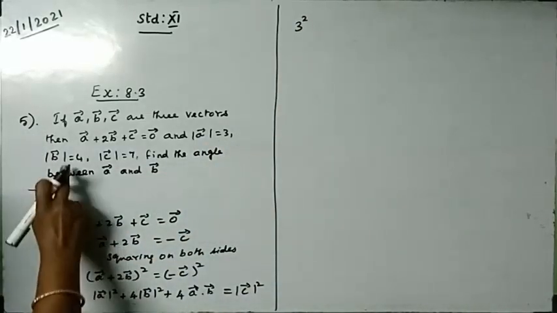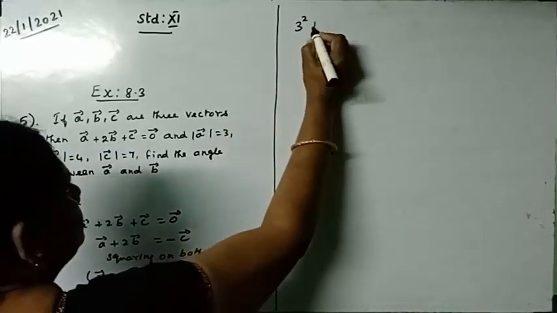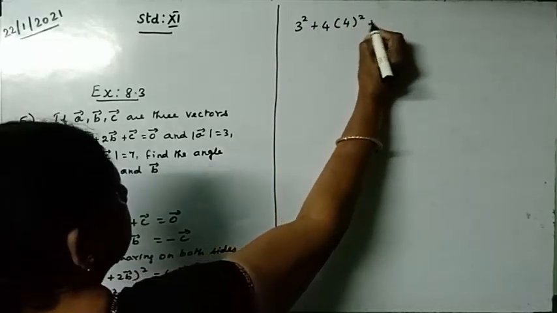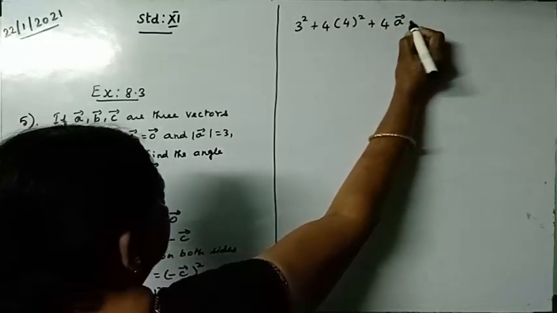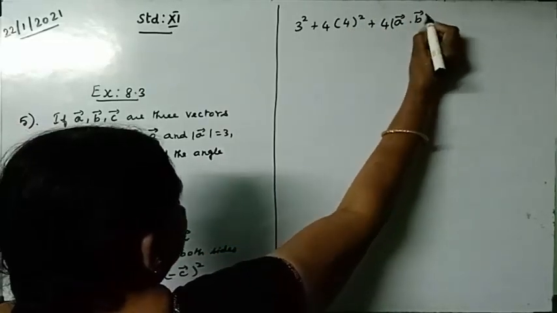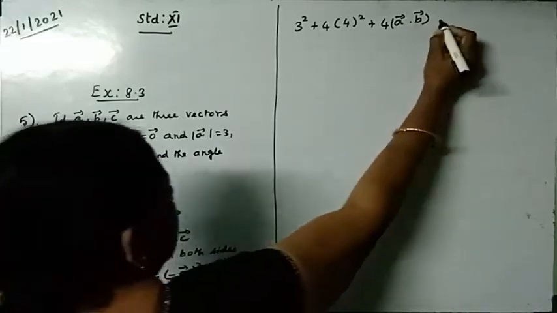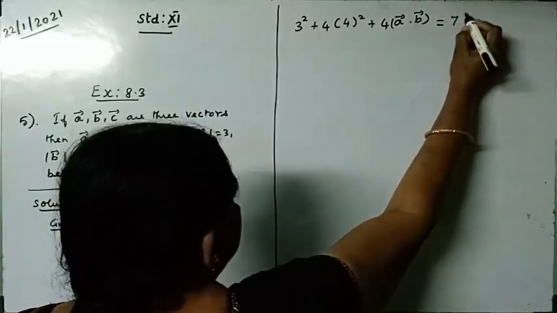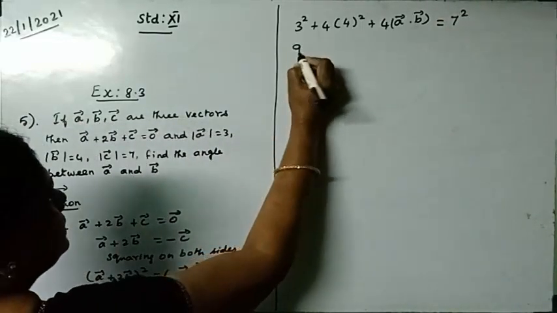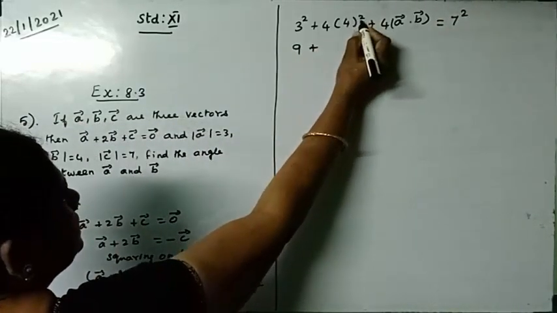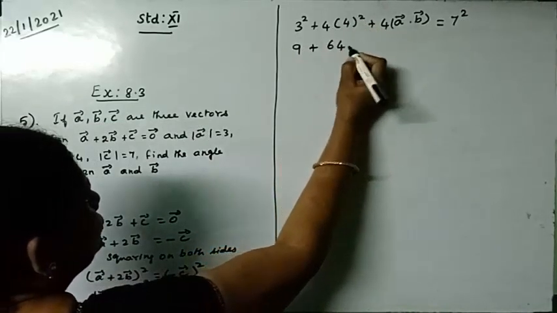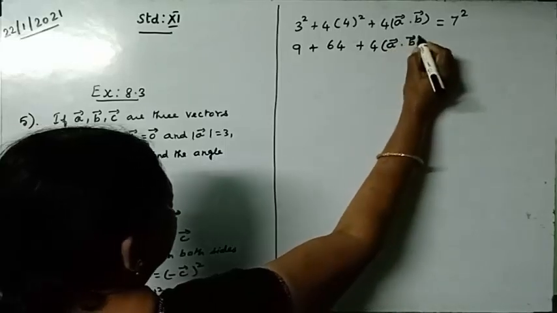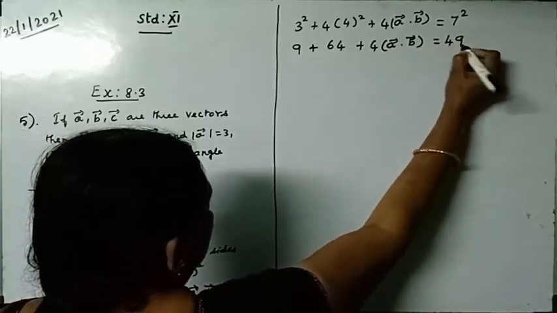Modulus of B is 4, so plus 4 into 4 square, plus 4 A dot B, is equal to modulus of C vector, which is 7, so 7 square. Now 3 square is 9, plus 4 4s are 16, 16 plus 4 is 64, plus 4 into A vector dot B vector is equal to 7 7s are 49.